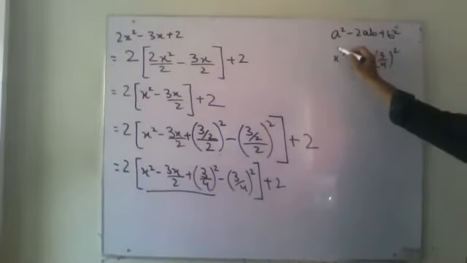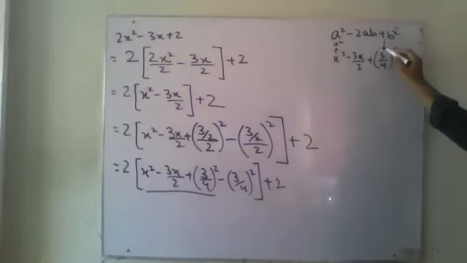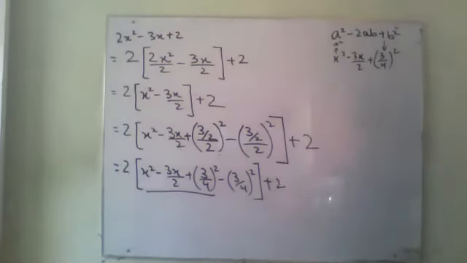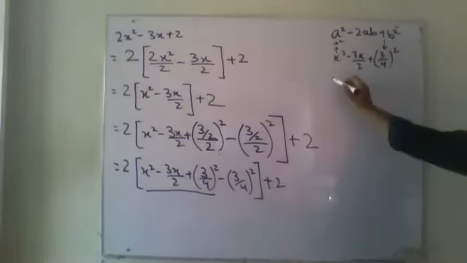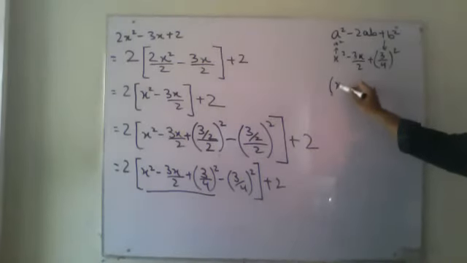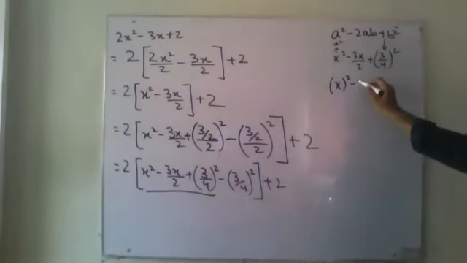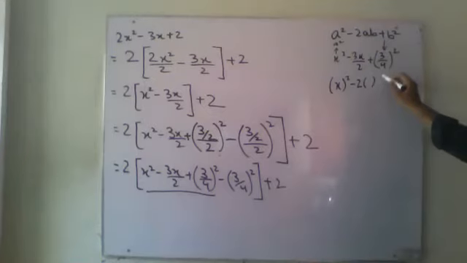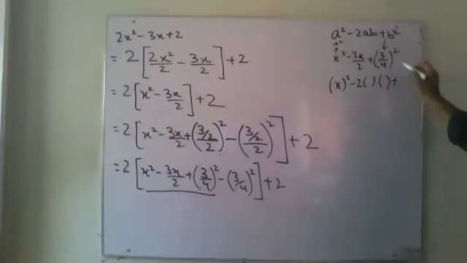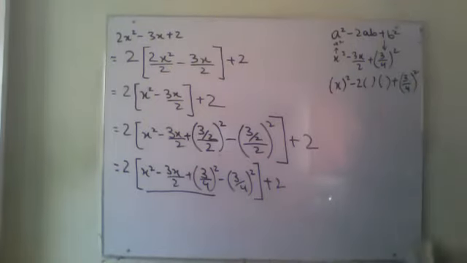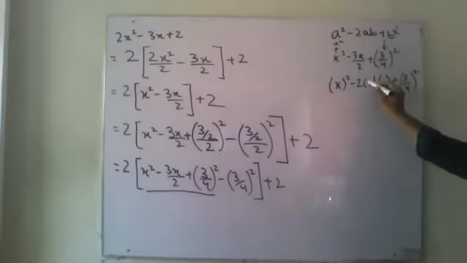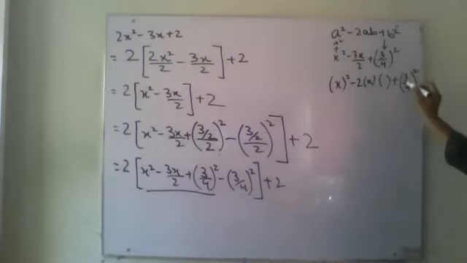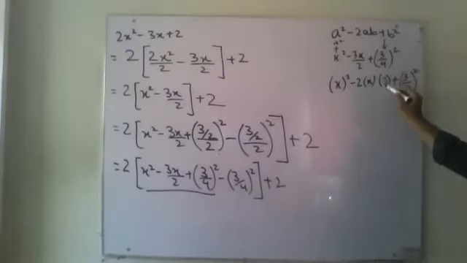For instance, this is my a square and this is my b square. If I write it according to the formula, it will be a whole square minus 2 times ab plus b whole square. So what is my a? My a is x. What is my b? My b is 3 over 4.